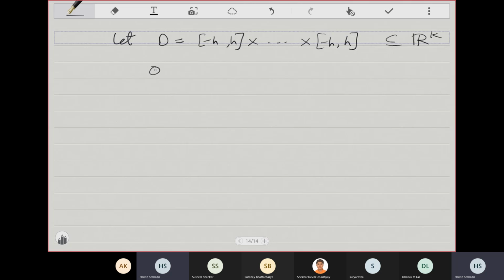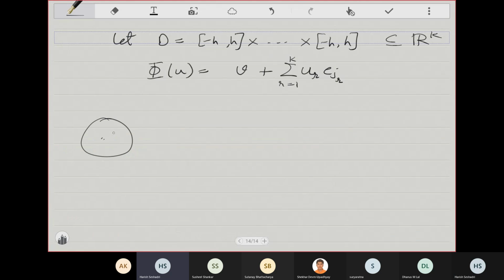And my K surface is going to be phi of u equal to V plus the sum of UR EJR, with the index R from 1 to K. Geometrically, this is V, and I'm adding a specific vector.